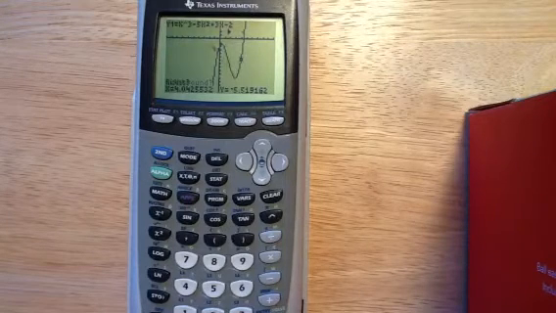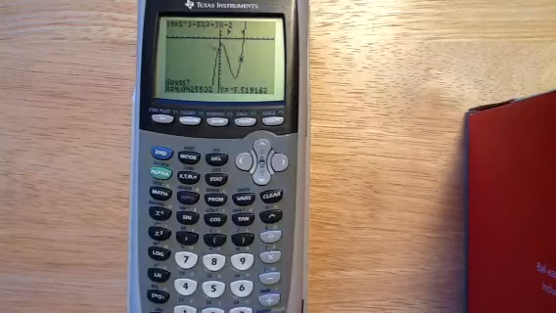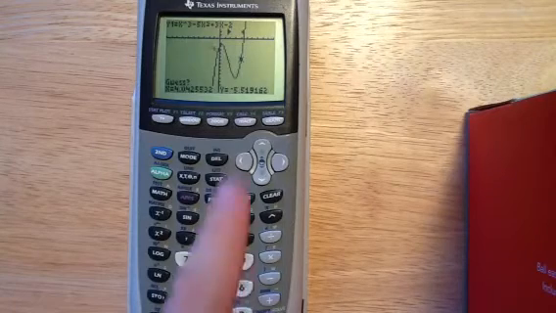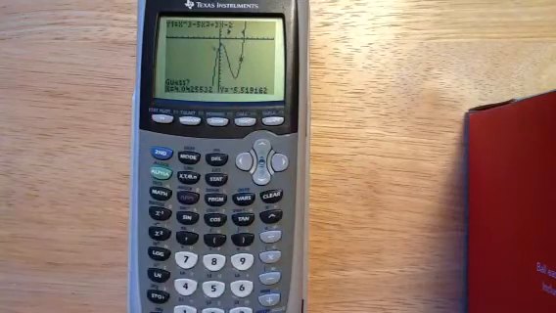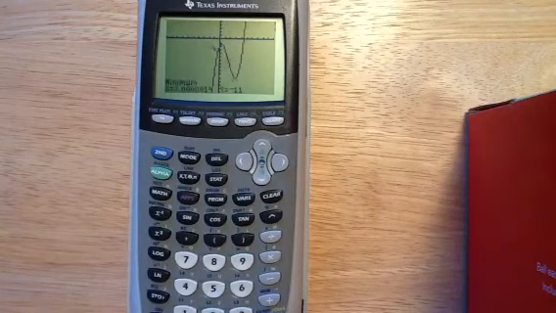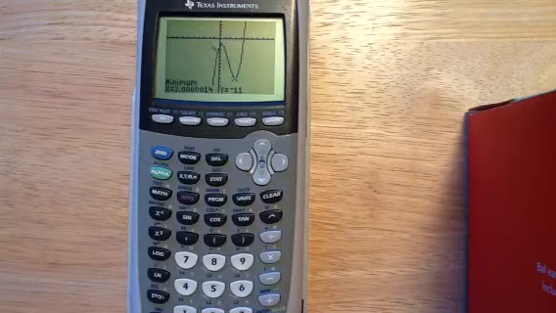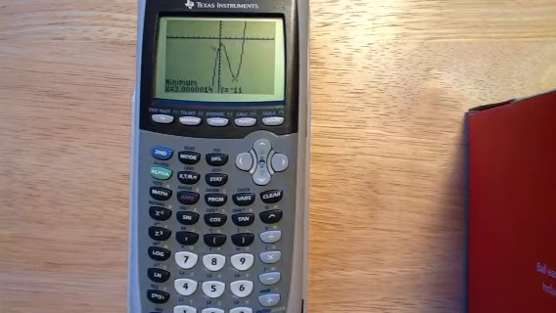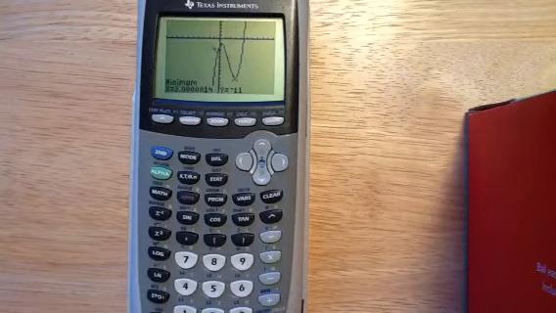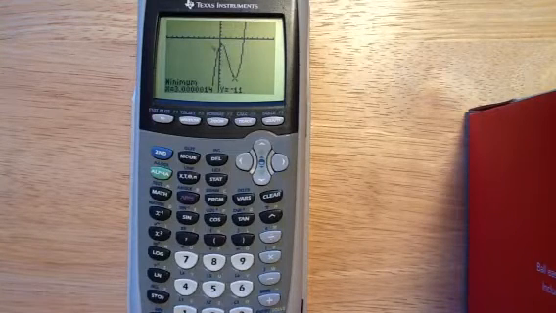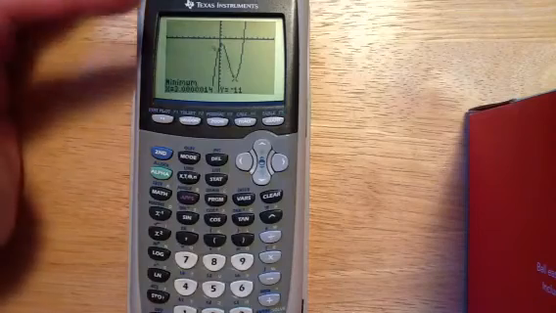Press enter. It's going to give me a guess. Don't worry about that too much. Again, notice that there are 2 arrows now, one left and one right of my point. Press enter. And you can see that there's a lot of decimals there and a 1-4 at the end. You have to understand that the calculator isn't calculating the exact number, it is estimating.